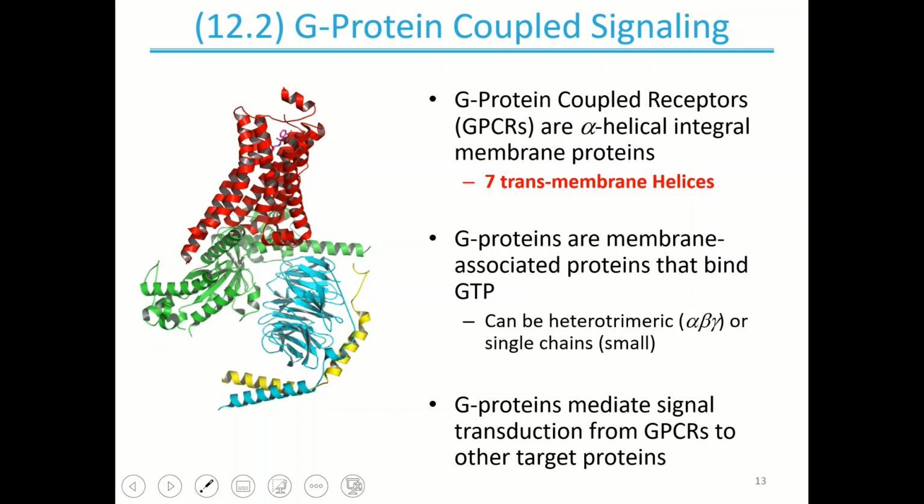We've already talked about one of these, even though we didn't mention that it was a G protein coupled receptor, and that was rhodopsin, and we'll see that again today. That was the protein that had 7 transmembrane helices. That's a very widely studied G protein coupled receptor, and that's shown here in red. So those are the 7 transmembrane helices.